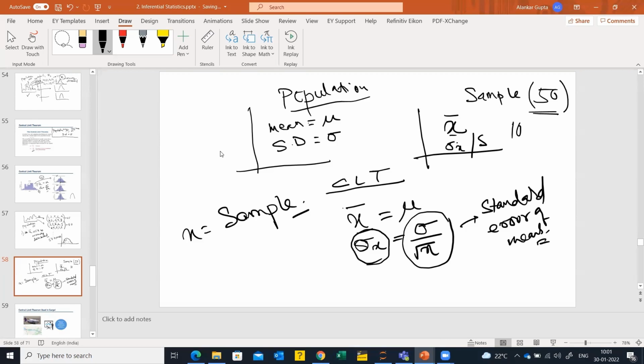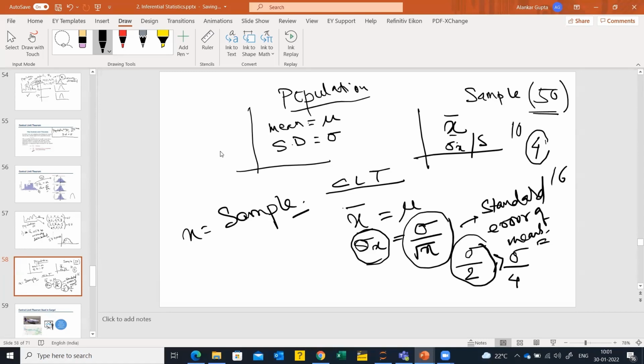If I have taken 4 samples, it becomes sigma by root of 4, which is sigma by 2. If I take 16 samples, it becomes sigma by root of 16, which is sigma by 4. Obviously sigma by 2 is greater than sigma by 4.